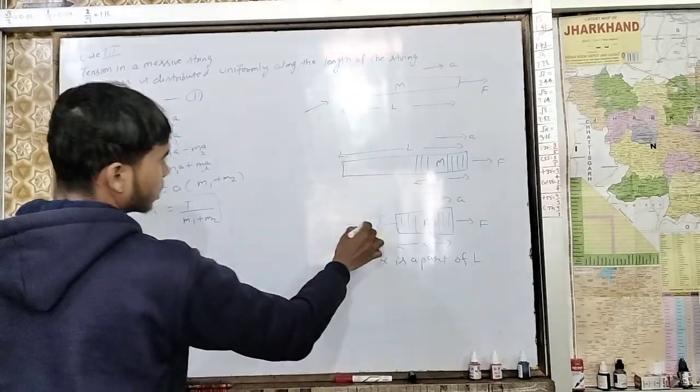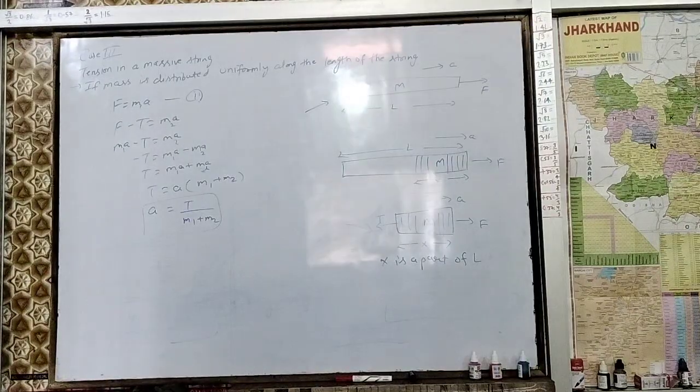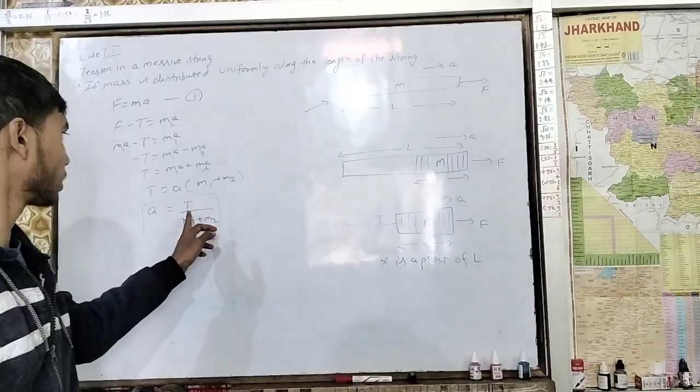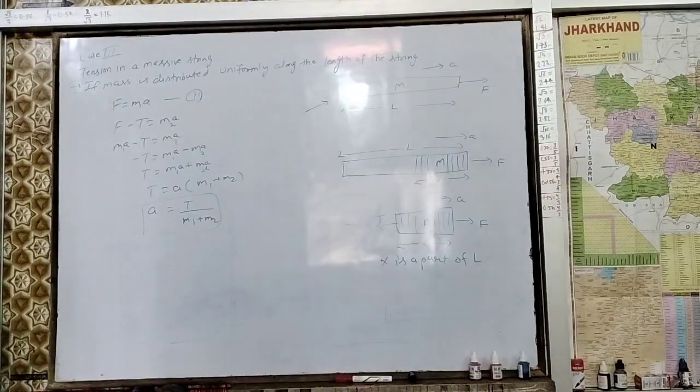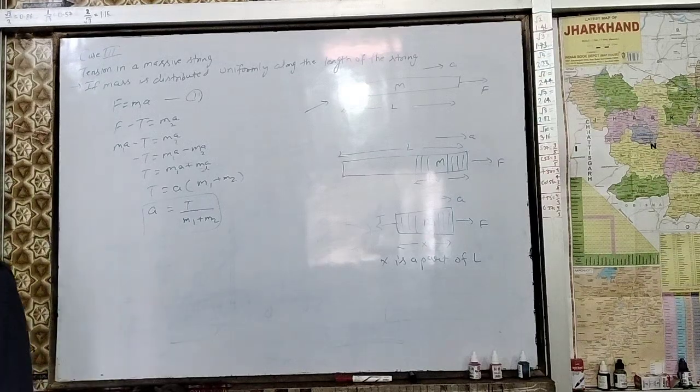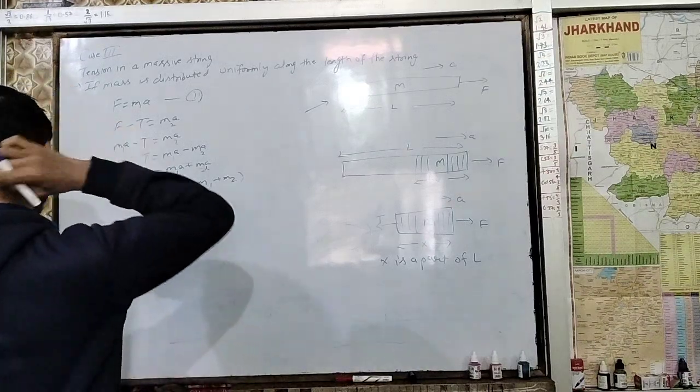This is for this. Here we will get A. To calculate the tension, we have T is equal to A multiplied by the total mass. A is equal to F upon M.